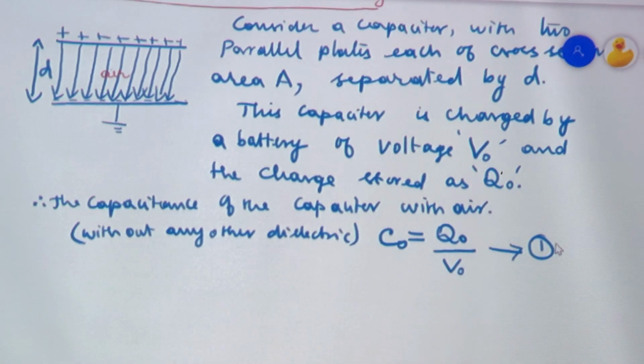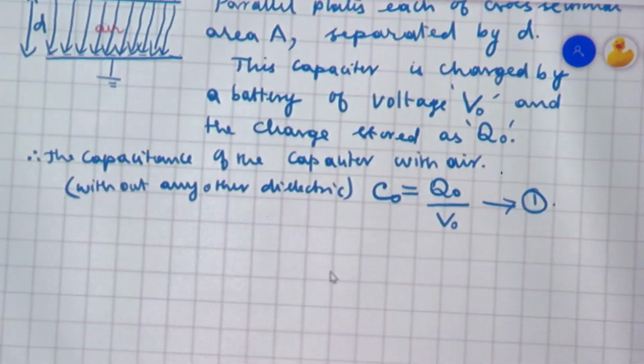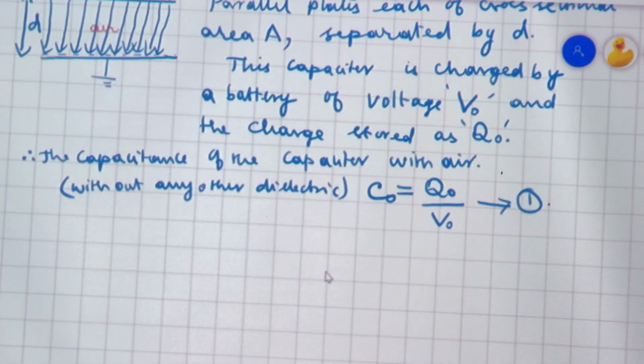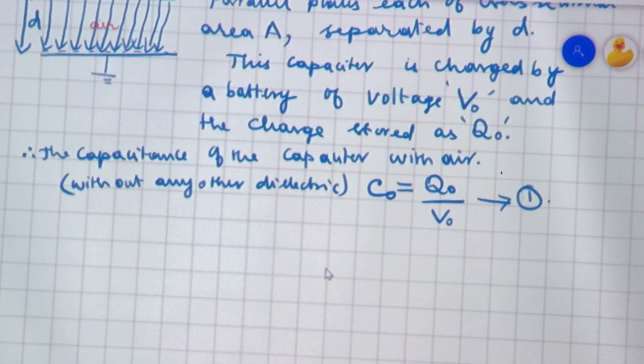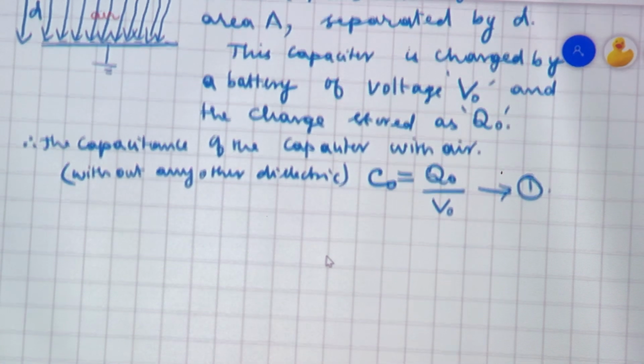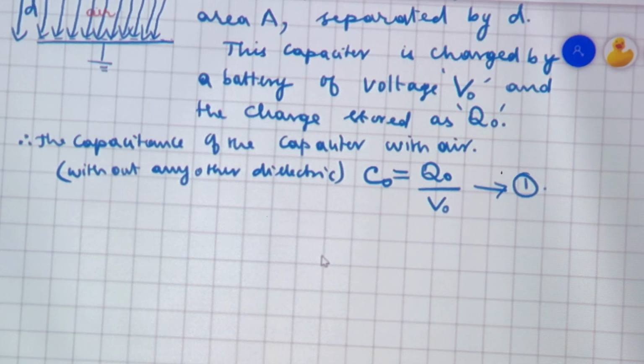Hope you have understood this. We have considered a parallel plate capacitor with air medium. To that capacitor, I have connected a battery of voltage V0, which gives a charge to the plates, and the amount of charge given is Q0. So the capacitance of the parallel plate capacitor with air as dielectric is C0 equal to Q0 divided by V0.